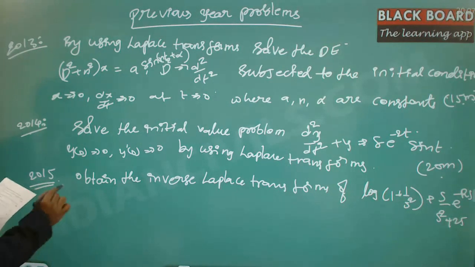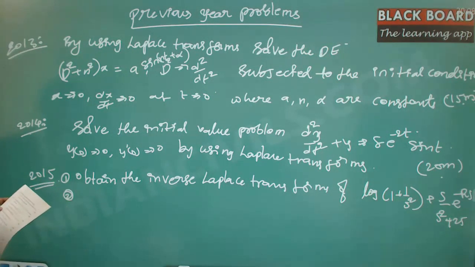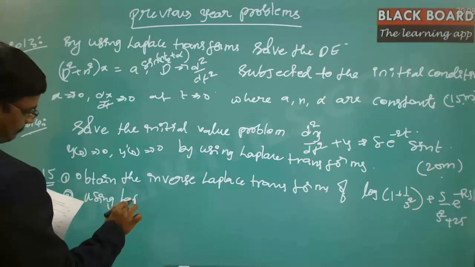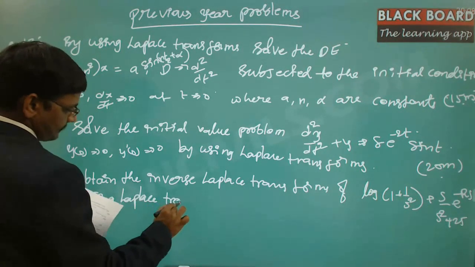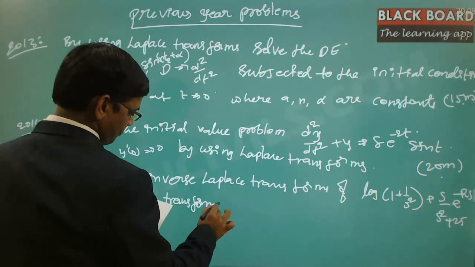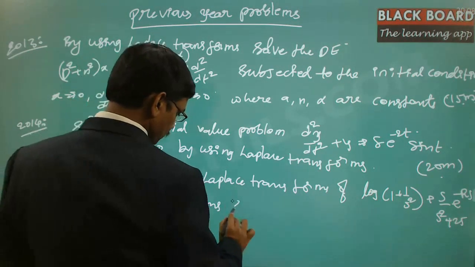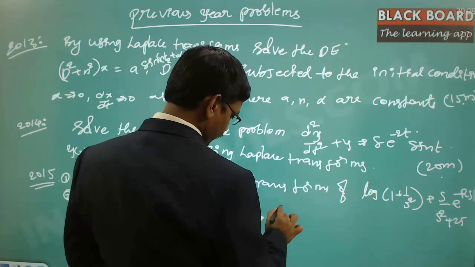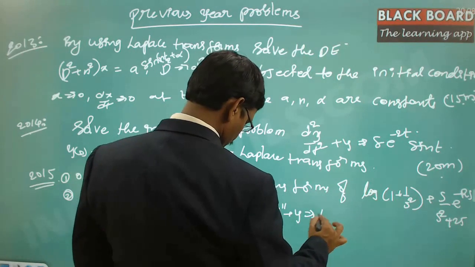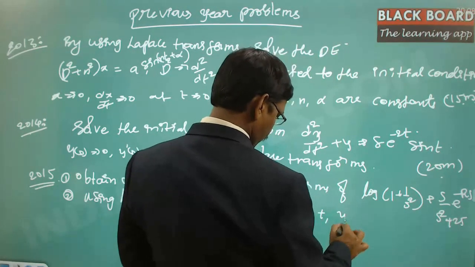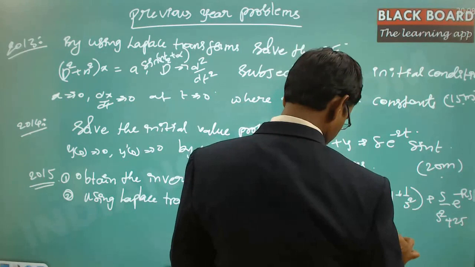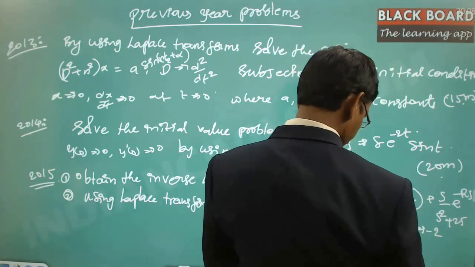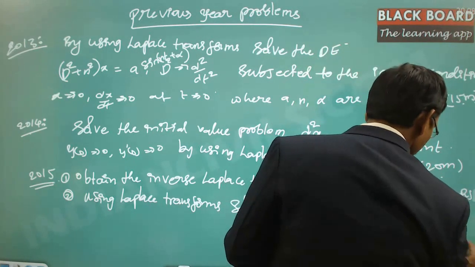And then there is one more: using Laplace transform, solve y double dash plus y is equal to t, y of 0 is equal to 1, y dash of 0 is equal to minus 2. And these problems, I think, were given for 12 marks.